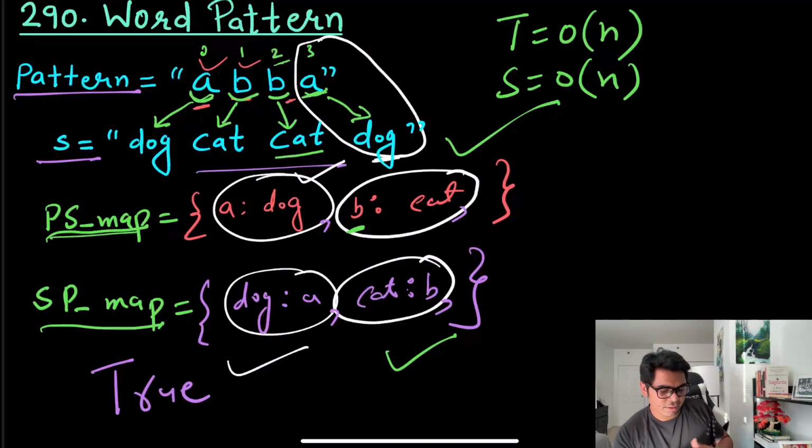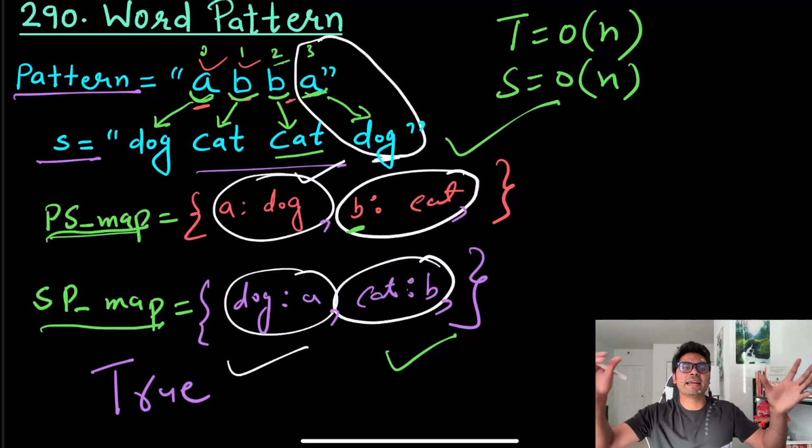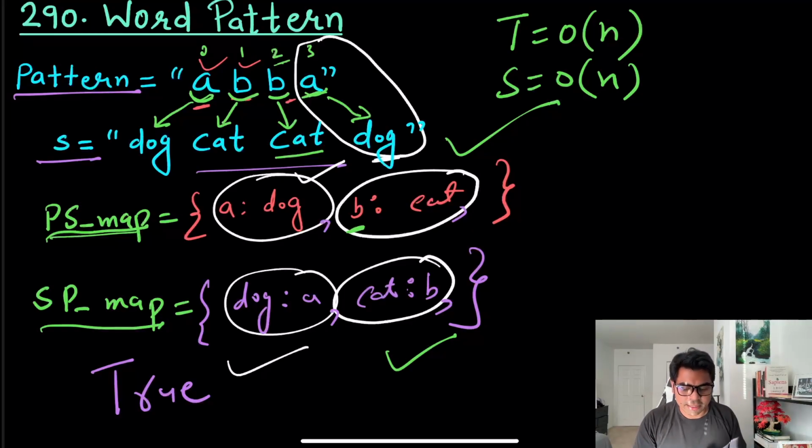If our pattern only contains like 26 letters, we will still have to go through the entire n length. But distinct, they could be 26 letters if they're only talking about just lowercase English letters. But anyway, this will be the entire solution. We've gone through the time and space complexity.